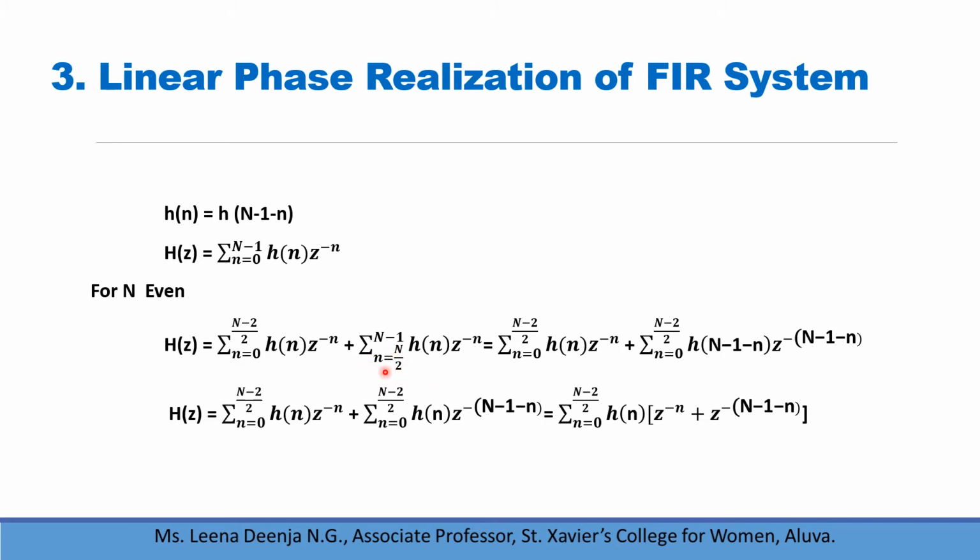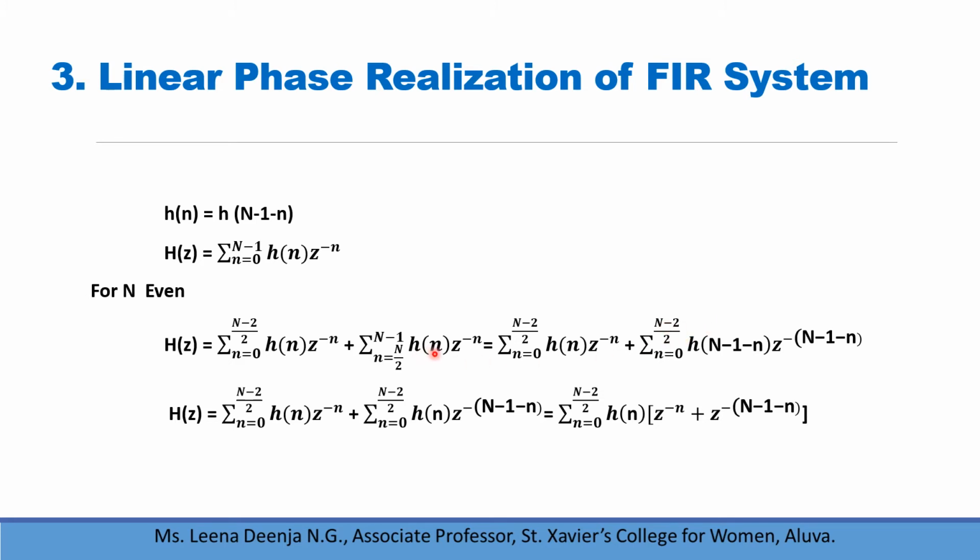And in this sigma, we can change the limit by taking n as n minus 1 minus n. So, by putting this value, the sigma changes into 0 to n by 2 minus 1, or n minus 2 by 2.